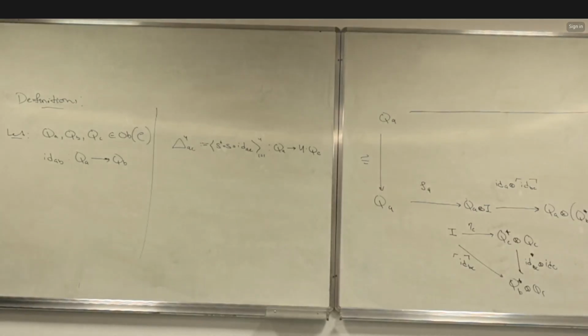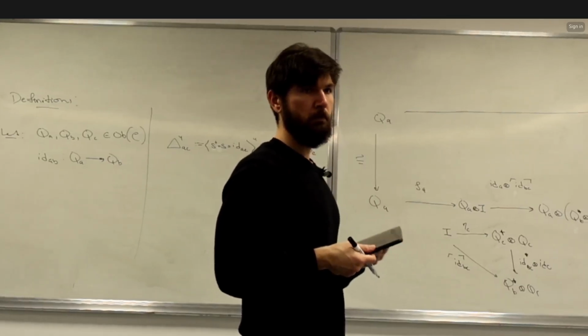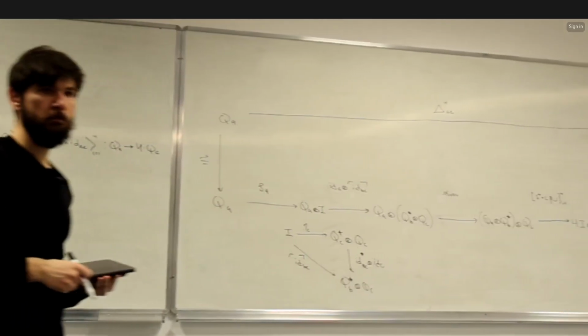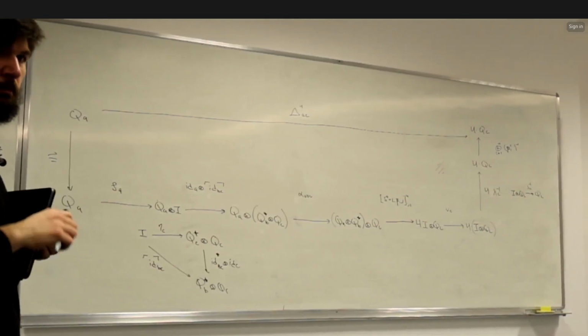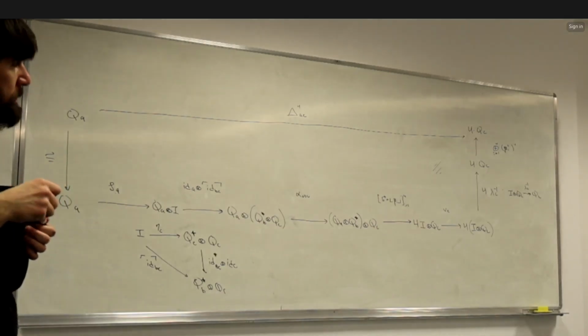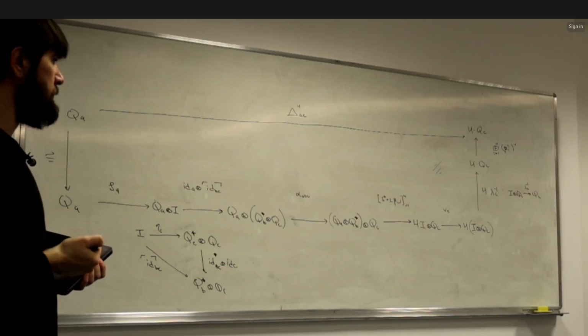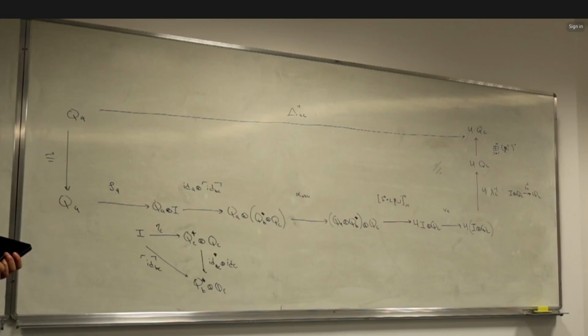In building this diagram, it seems like the only non-trivial part, at least to me, is where you do the corrections there. Because you do QA times I, all of these are like the canonical structure.